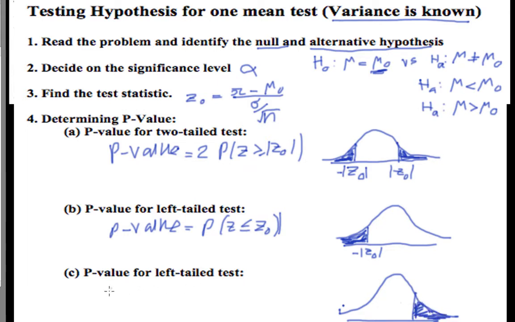So p-value equal probability z greater than or equal z naught. Okay, these are the steps for testing the hypothesis.